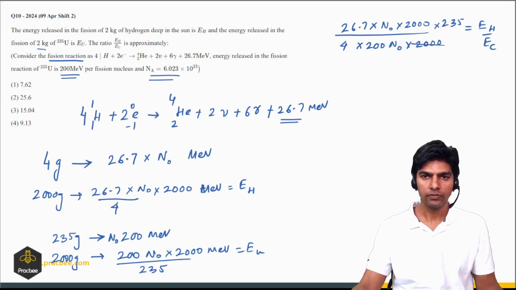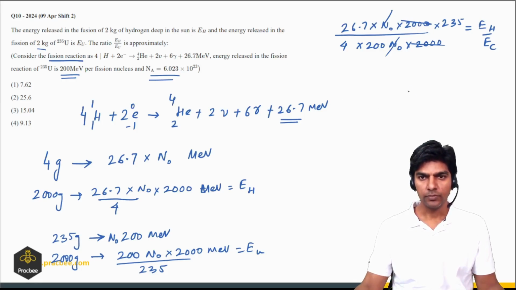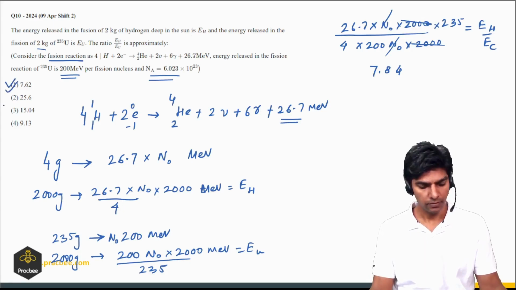So this 2000 will get cancelled out, n naught will get cancelled out, and let us simplify this. So 26.7 times 235 divided by 800. So it comes out to be 7.84. So this ratio comes out to be 7.84. Now let us check the closest answer. So we can say option 1 is the right answer.